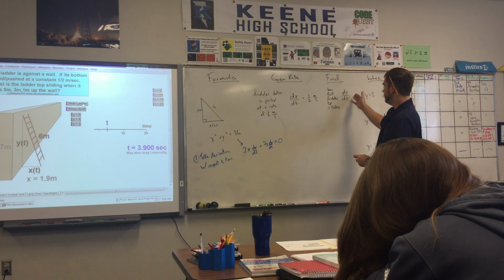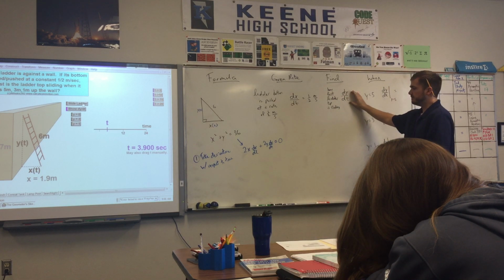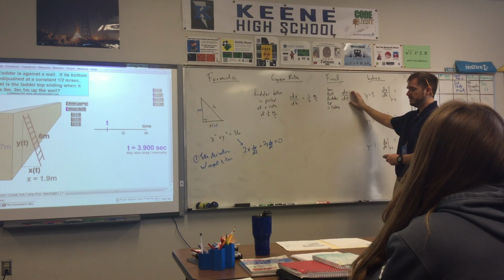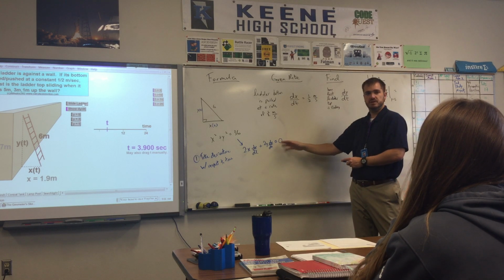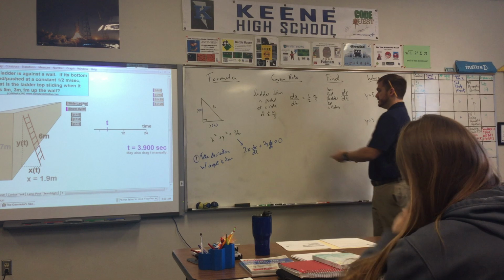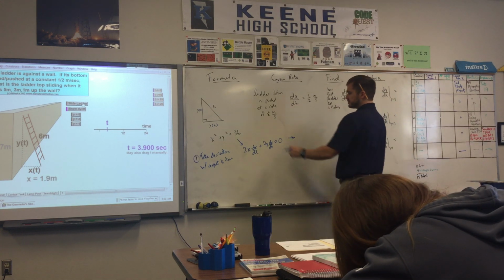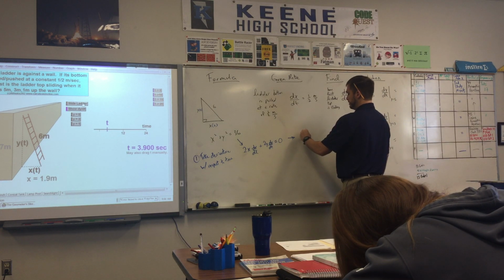Okay? Now, inevitably, I'm looking for dy over dt. So what I might do is manipulate this and isolate the dy over dt. We could probably do that all in one step.